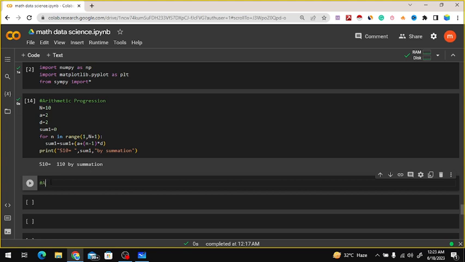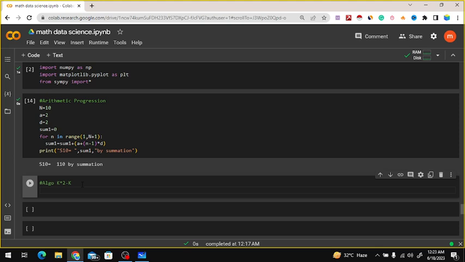It's k square and minus k, right? So let's say n should be equal to 10.